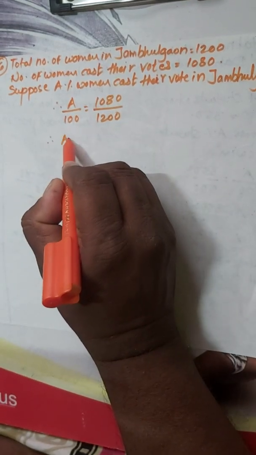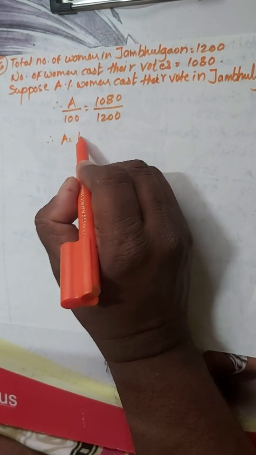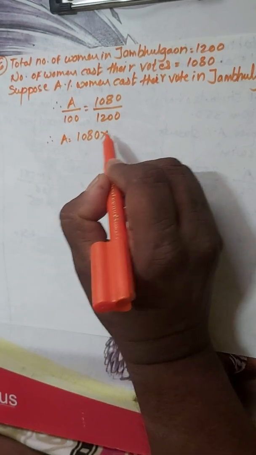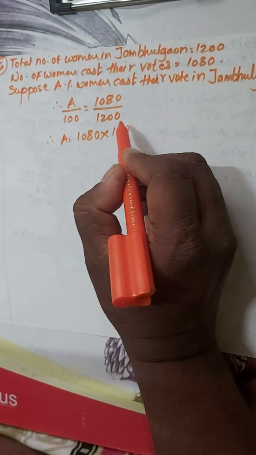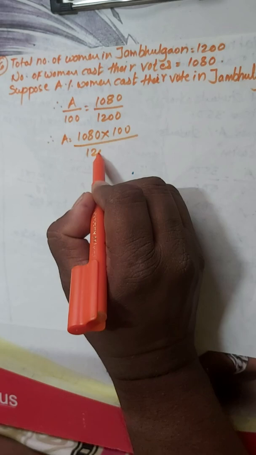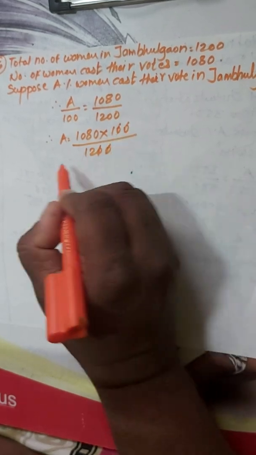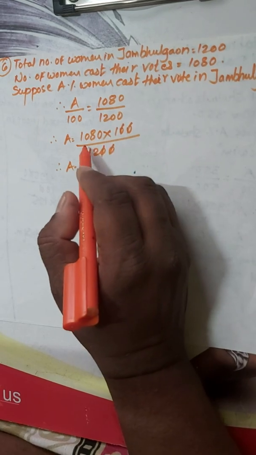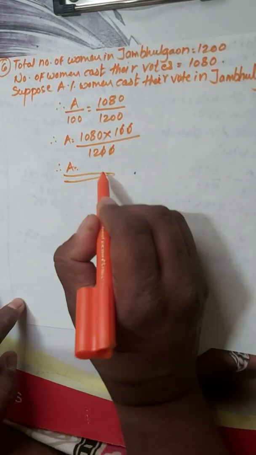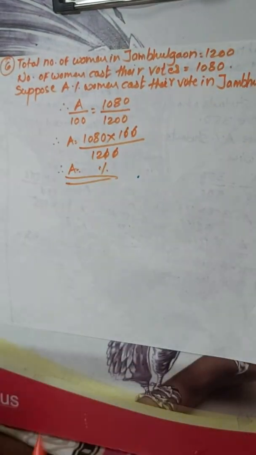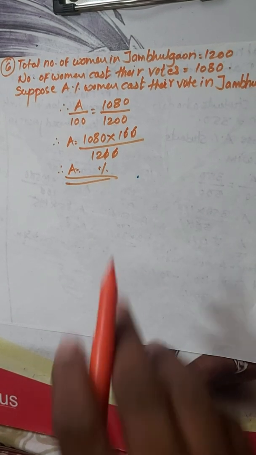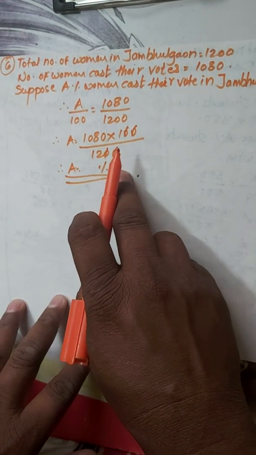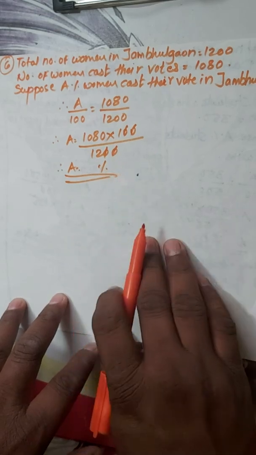Therefore a is equal to cross multiplication, 1080 multiplied by 100 upon 1200. So this cuts here. Therefore a is equal to 90. You have to divide here, then you will get the percentage of Jambulgaon. Okay, so this calculation, students, at least you have to do for homework.